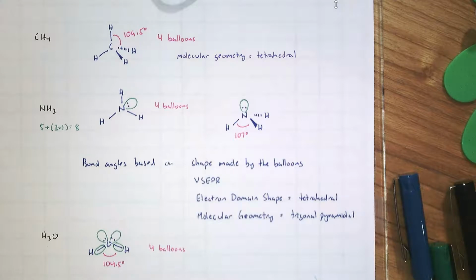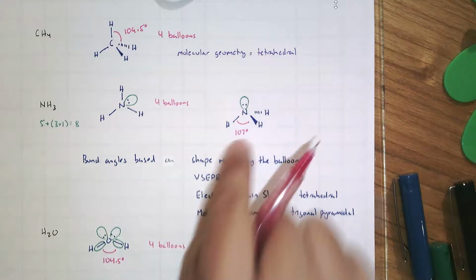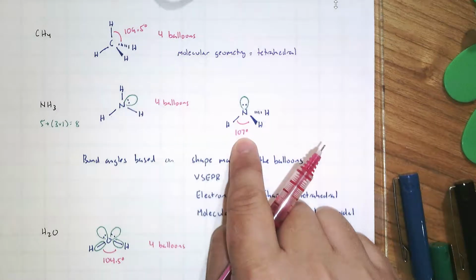Okay? So your professor may want you to be that exact. Maybe not exact as 104.5, but at least you should know that it is less than 109.5. And this is less than 107, or sorry, 107 is less than 109.5.